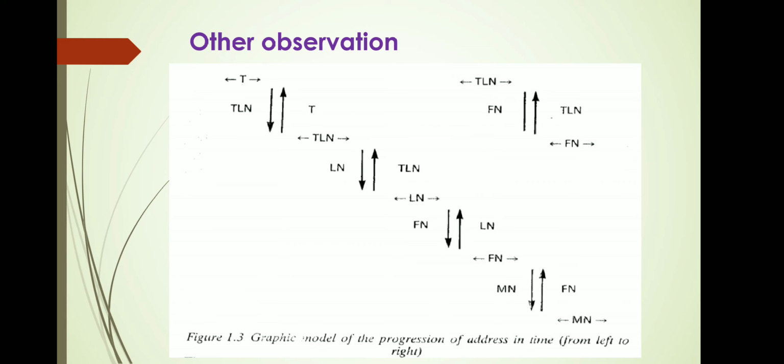So we have, for example, two people exchanging the title last name. And after, one of them is using the first name and receives the title last name. And in the third step, both of them use a mutual first name. This figure shows the progression of address in time from left to right.